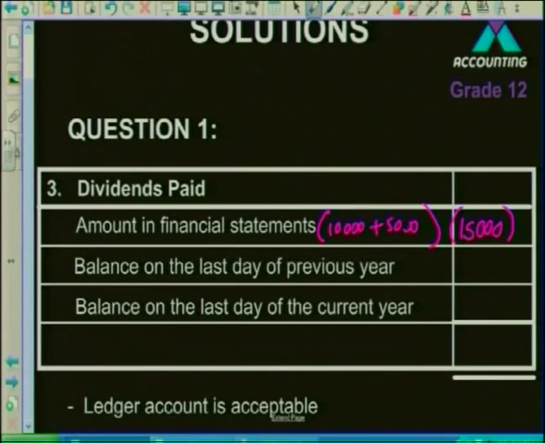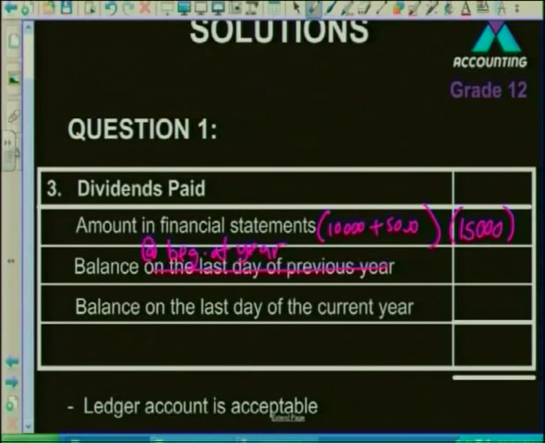Let's now move on. Balance on the last day of previous year. Okay, I don't really like that wording, so I'm going to change it. Let's just change the wording to read, balance at the beginning of the year.